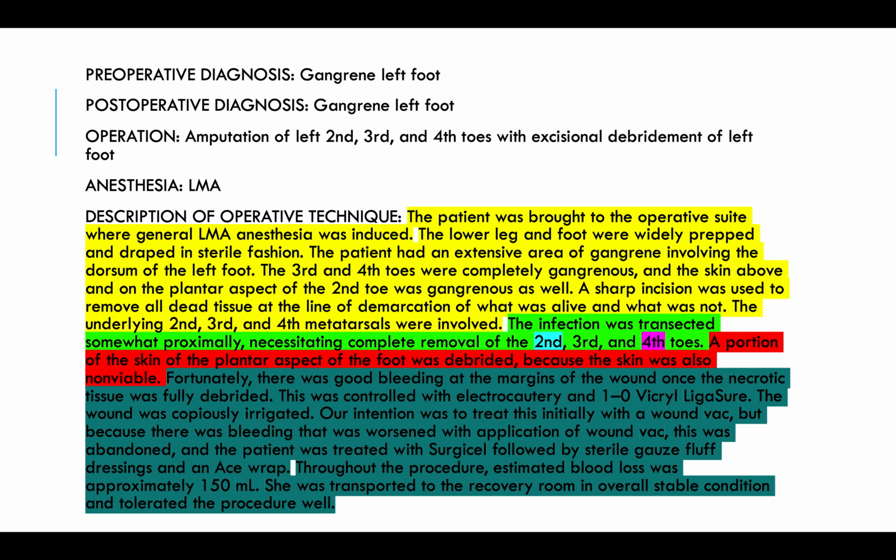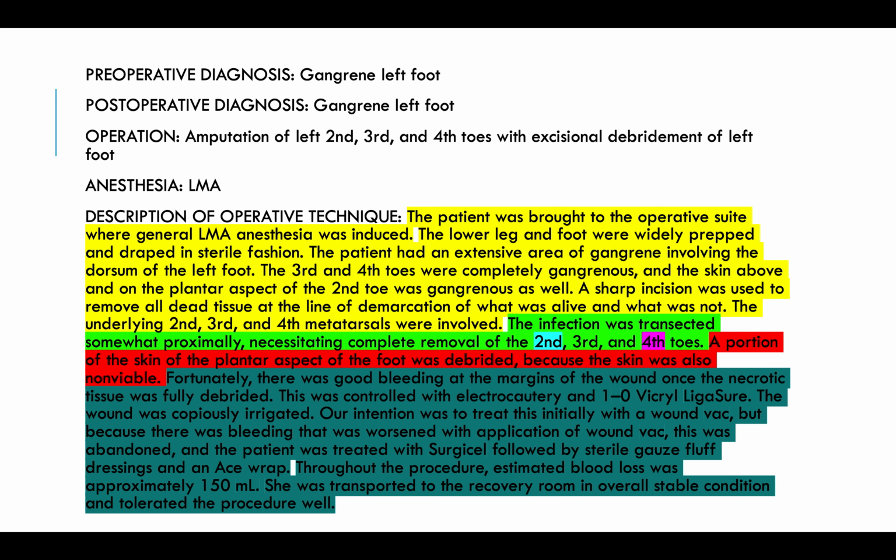The patient had extensive area of gangrene involving the dorsum of the left foot, preoperative. The third and fourth toes were completely gangrenous, and the skin above and on the plantar aspect of the second toe were gangrenous as well. Describing the surgical area, this is preoperative.